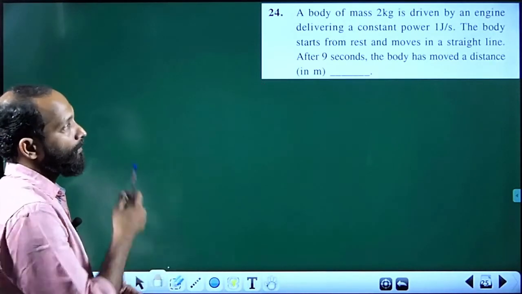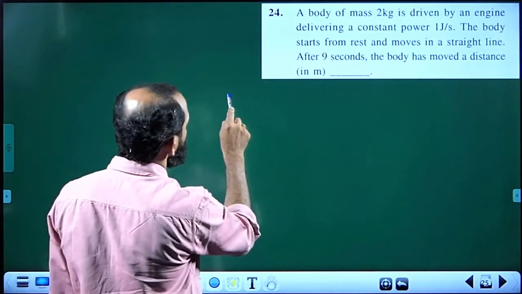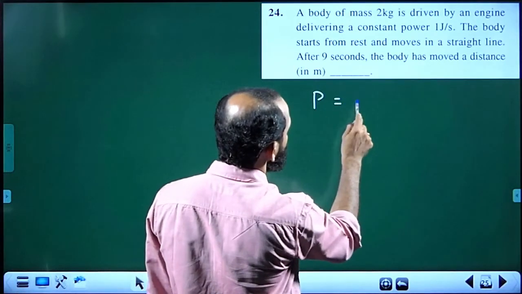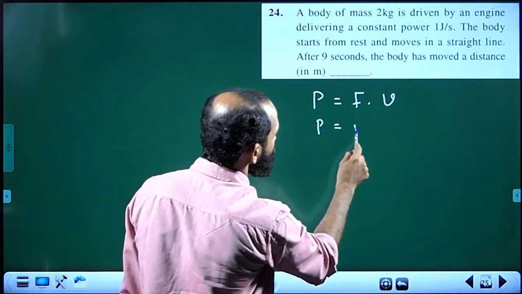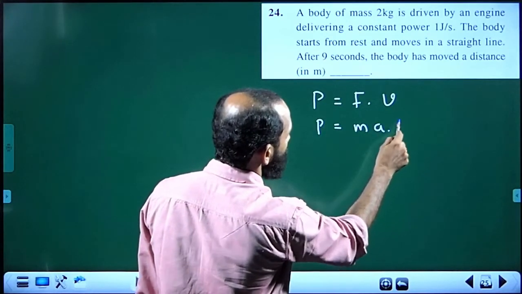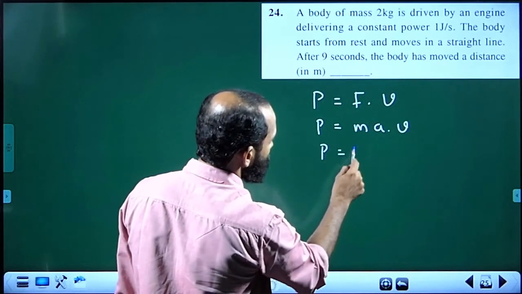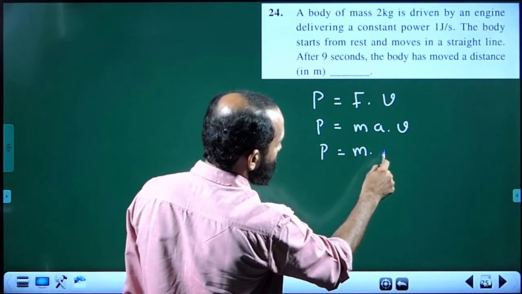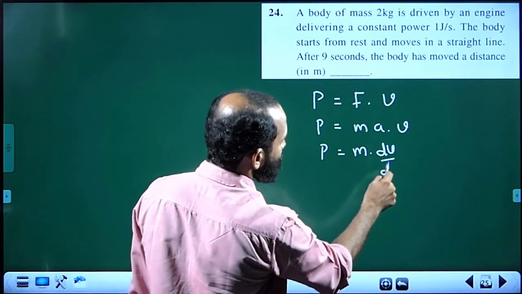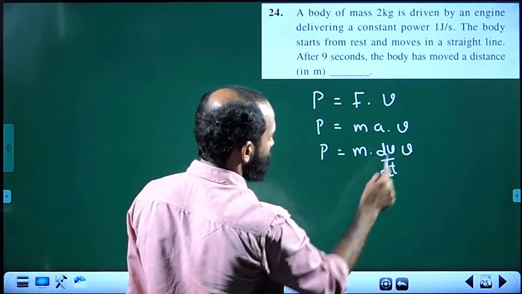Delivering constant power. We know power P is equal to force times velocity. But we know force is equal to mass into acceleration. Now power is equal to mass into acceleration, which can be written as dv by dt, times velocity.